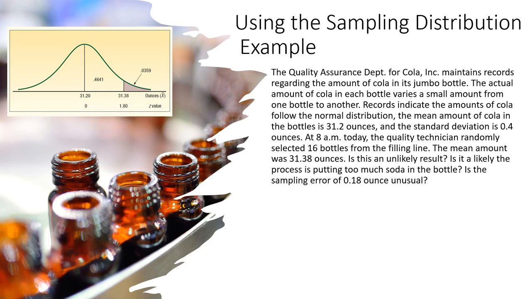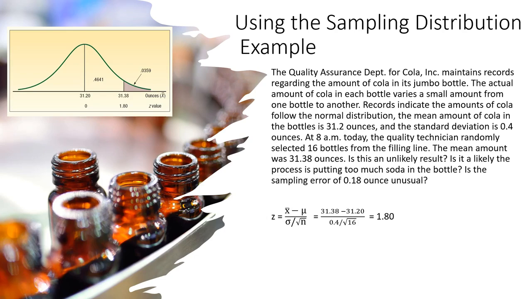So in this example, we calculate Z with our observed mean of 31.38 ounces minus my population mean of 31.2 ounces, divided by the standard error of the mean.